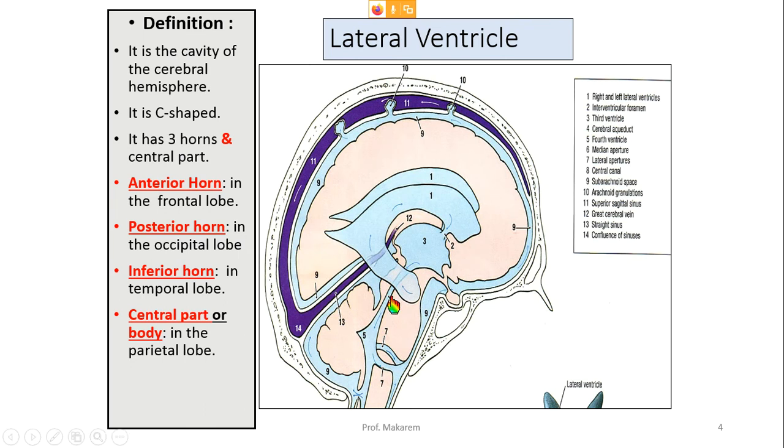It is a C-shaped part, present in the parietal lobe, and extends from the interventricular foramen of Monroe in front to the splenium of the corpus callosum behind, which is present approximately over here. So that is about the four parts of the lateral ventricle.